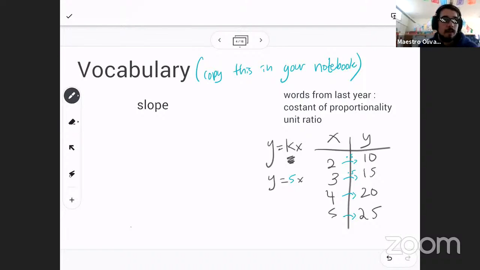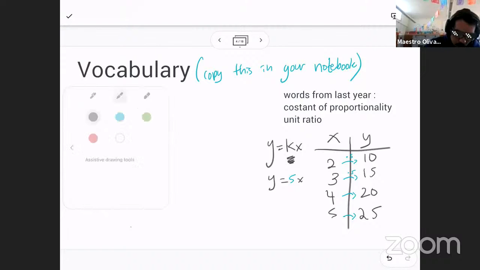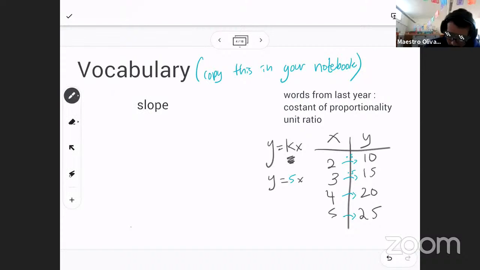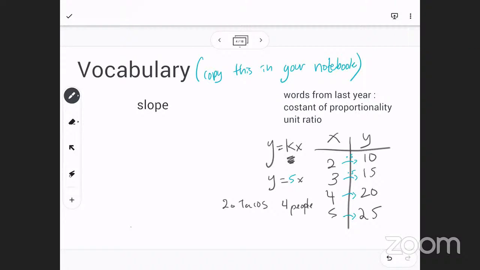What about the unit ratio? Where do we know the unit ratio? Well, suppose you have 20 tacos and there's 4 people. How many tacos will each person get if everybody's eating the same amount? 5. Yeah, 5. How do we know that?